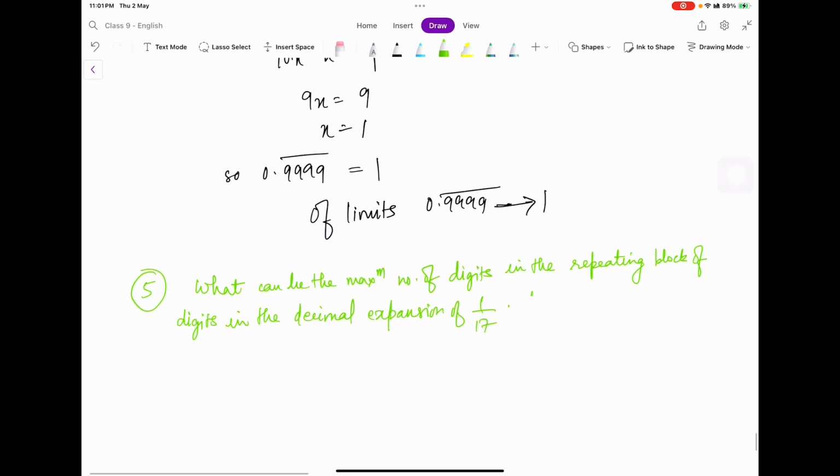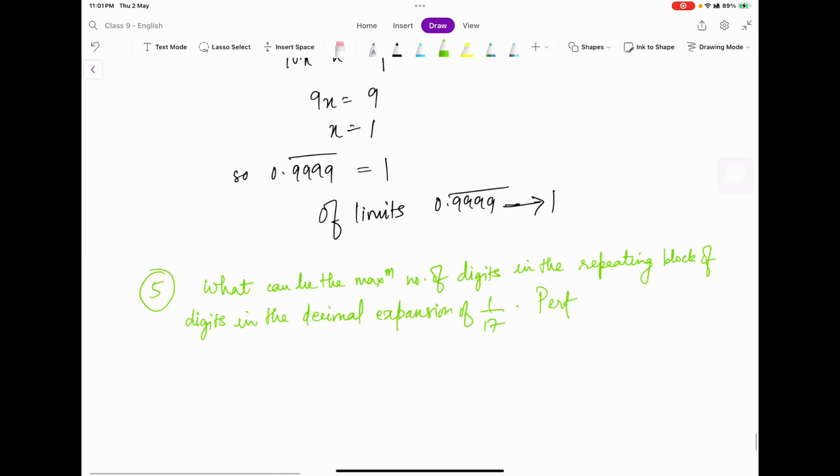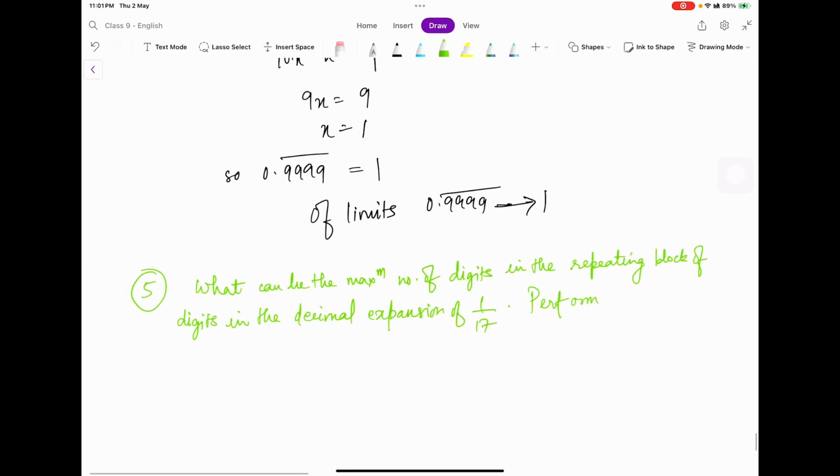It also says to perform the division, which I will not be doing. Perform the division to check your answer.